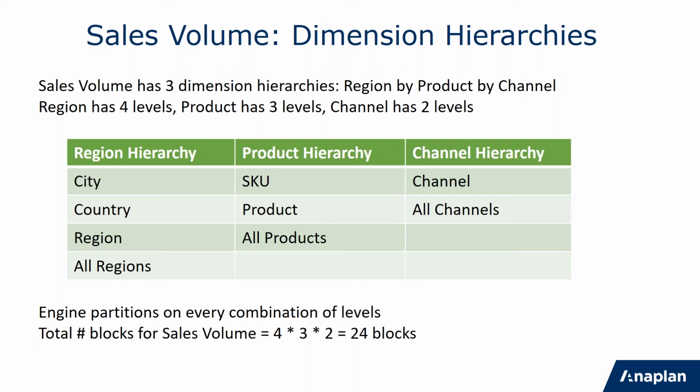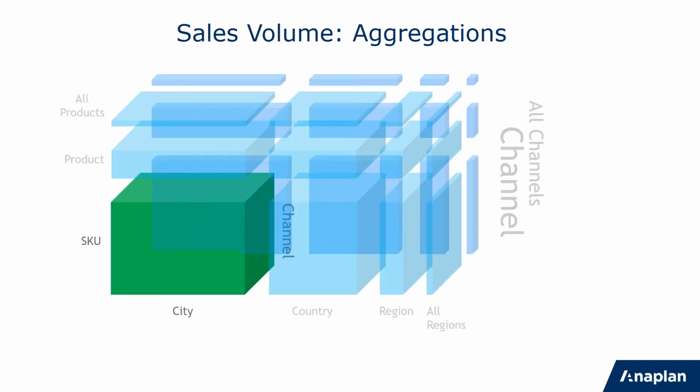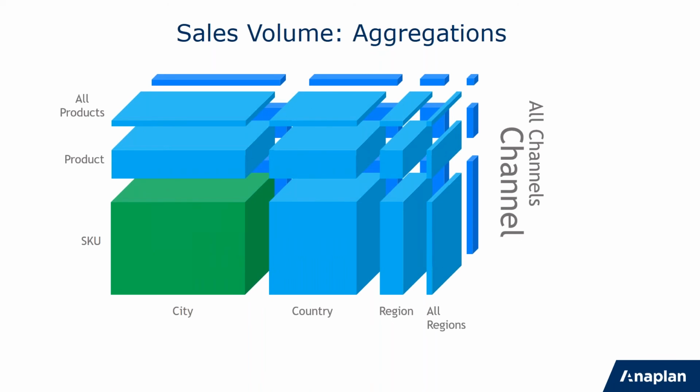And we actually pre-calculate and keep up to date all 24 of those, and each of those is a block in memory. Okay, so when I talk about a block, it's not just a block for the leaf level line item, but it's also a block for every possible aggregation combination. And when you open the line item in the browser, if you have your totals after, you see all of those merged into the same view, but in the underlying engine, they're kept separate.